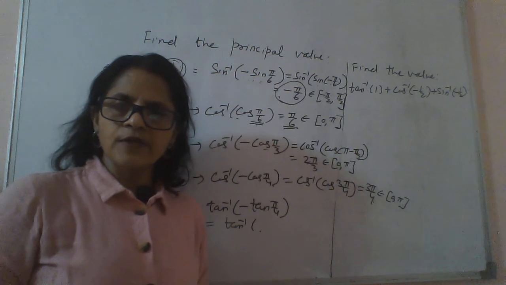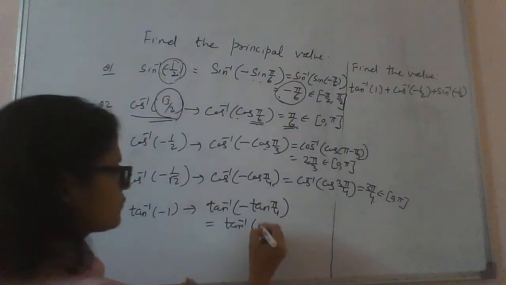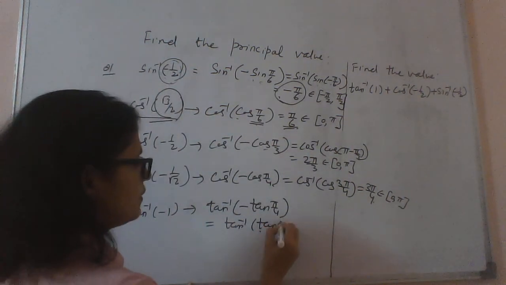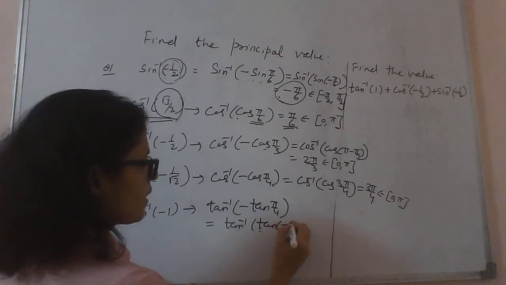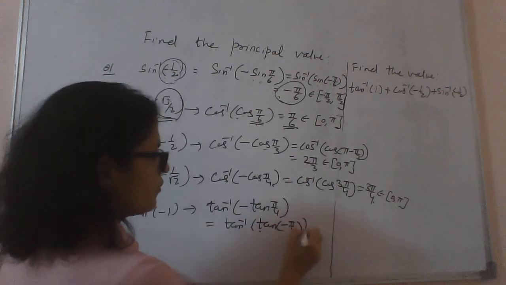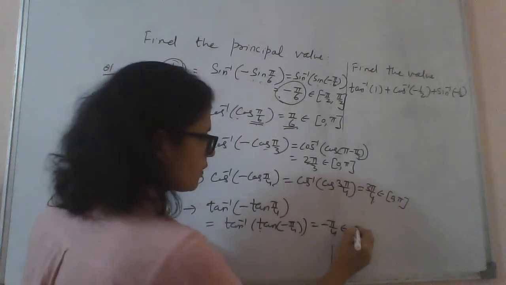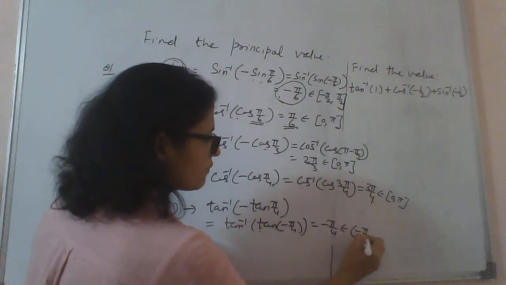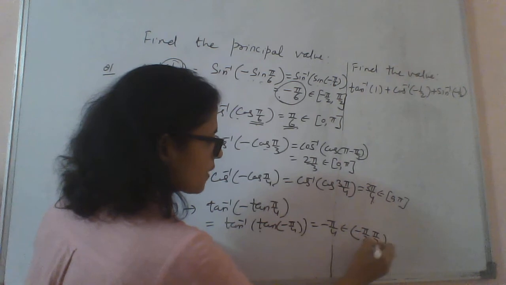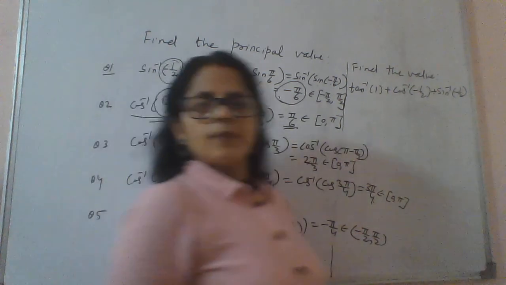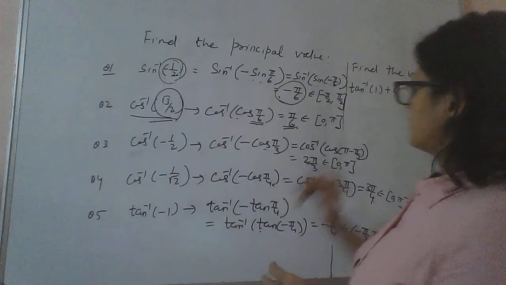The open interval minus pi by 2 to pi by 2. So here it is tan inverse of tan minus pi by 4. So you are getting minus pi by 4, which belongs to the open interval minus pi by 2 to pi by 2. Just have a look at these steps.